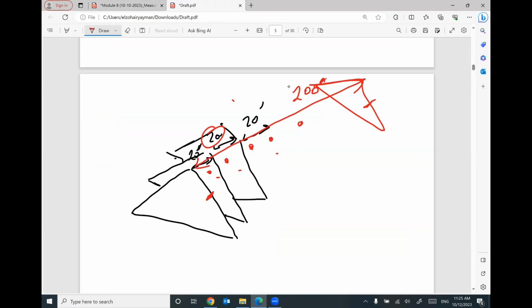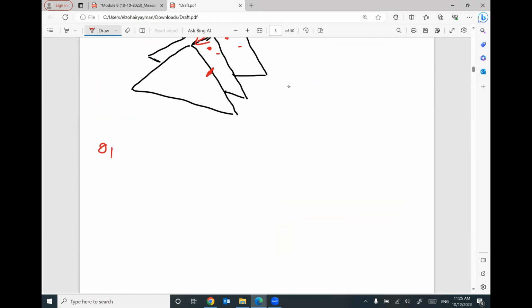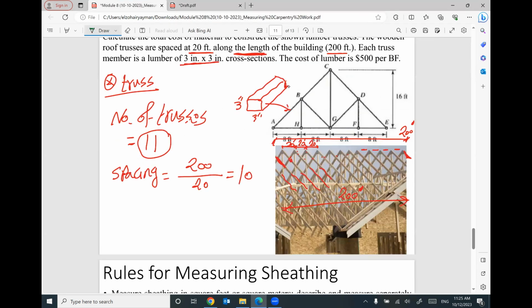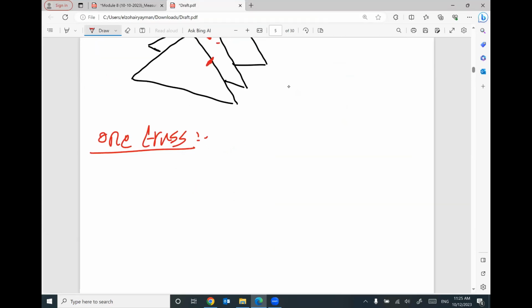So let's start to talk about one truss. For one truss, only one truss. This truss looks like this.